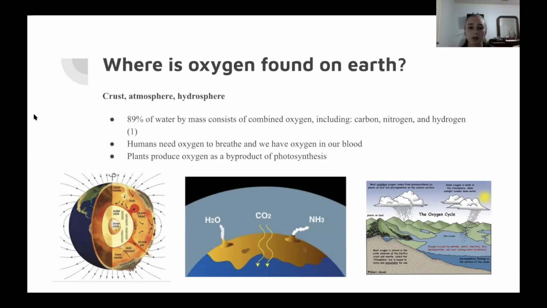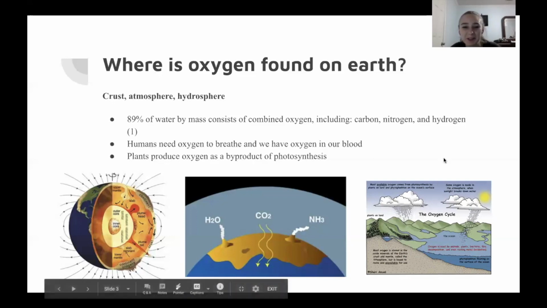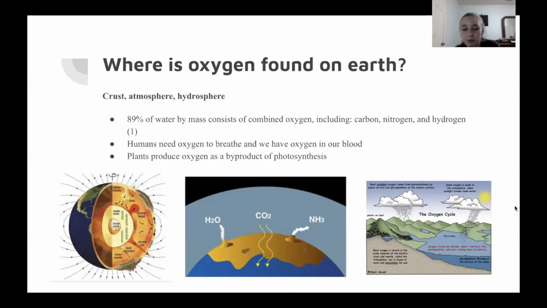In that process, they use the carbon dioxide that we produce as their reactant, and they produce oxygen as their byproduct. As you can see here on the right, we have a picture depicting the oxygen cycle, which basically has a simple explanation of how oxygen is recycled within our environment and within our water system as well.